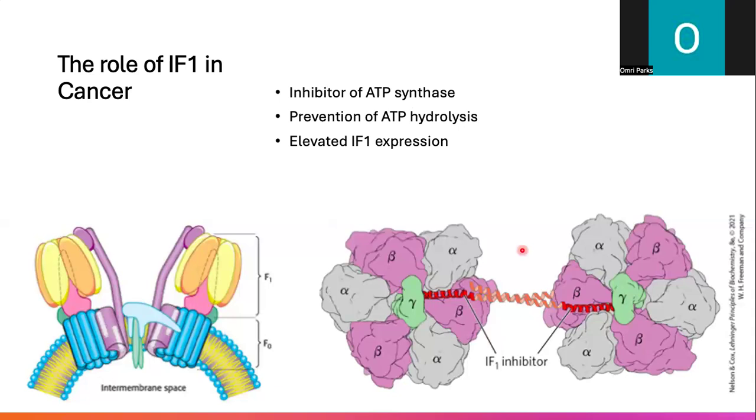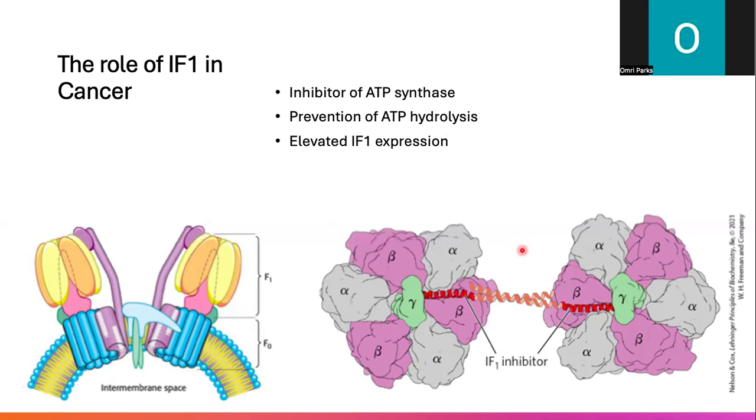Well, one of them is phosphorylation, which is influenced by the cell's metabolic state. It's also important to know that elevated IF1 expression is linked to poor prognosis in cancers like small cell lung cancer, but other cancers like breast and colon cancers have high IF1 levels and may predict better outcomes.